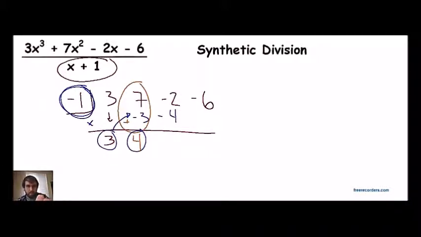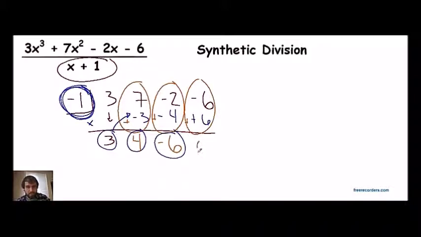And then we're going to add the column, which gives us -6. And then we're going to multiply my x value times that value, which gives us a +6. And then we're going to add this column. So that gives us a 0.